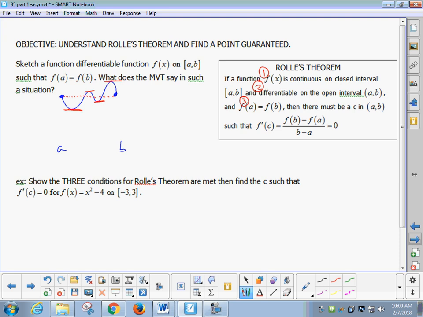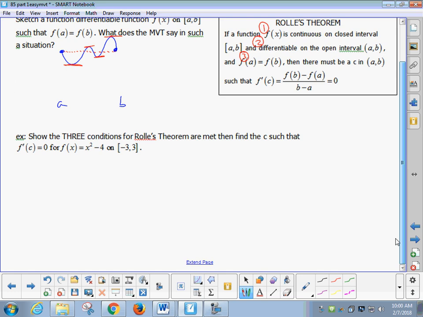If that's the case, then you'll know there's got to be a place where the derivative is 0, and we would then sometimes use that to find an extreme in some cases. A problem might look like this: show the three conditions for Rolle's theorem are met, and find the C such that the derivative must be 0.